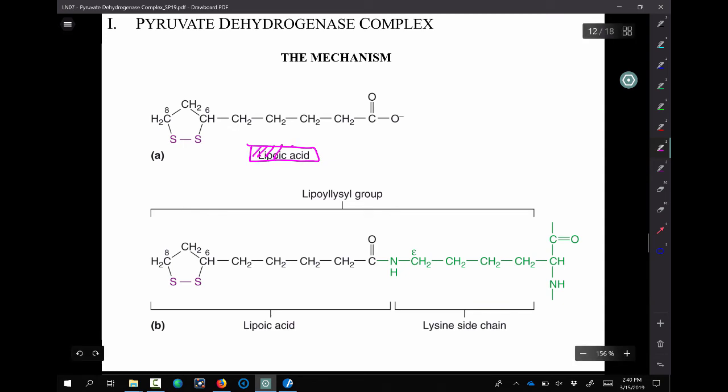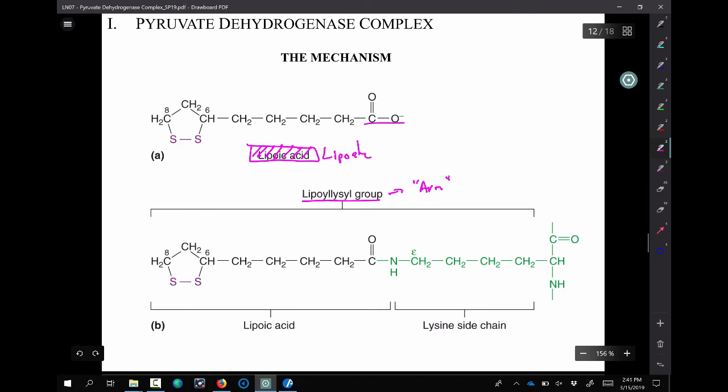I don't know why it's labeled that way. It's lipoate, the way it's drawn, because they've got it deprotonated. Lipoic acid would have a proton in that group. That is a coenzyme. Now that's lipoate. So the arm is actually this lipoyllysyl group that I keep calling the arm.